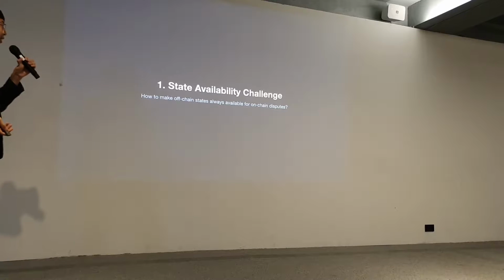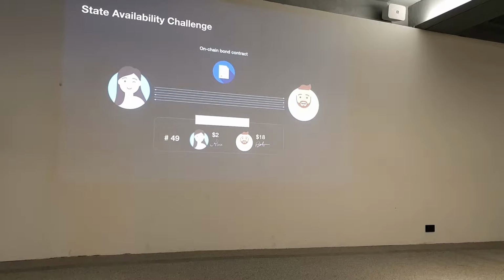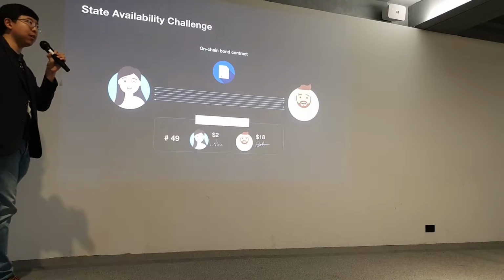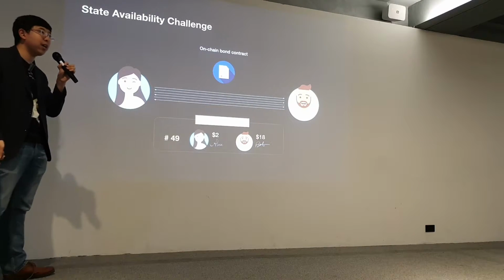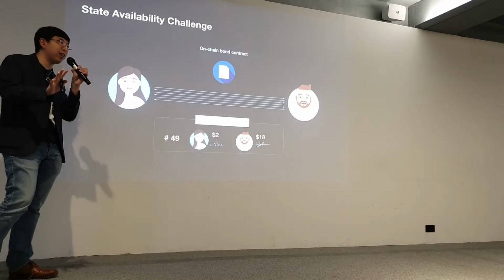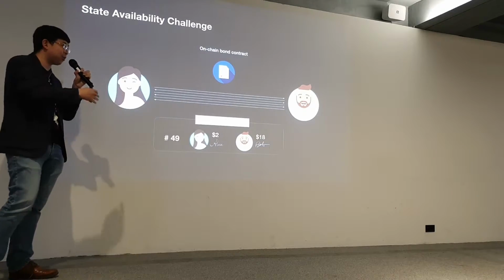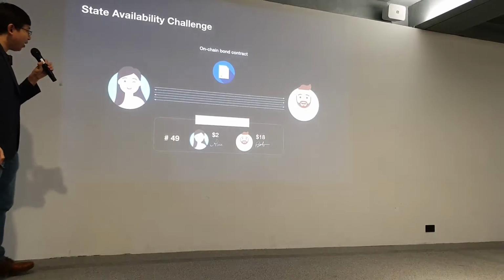Especially for generalized state channel, the first trade-off is how to make off-chain state always available for on-chain use. What I mean by that is, tagging along with the great first talk that talks a lot about this already. Even though I don't understand Korean, I'm using Google Translate to follow the talk.